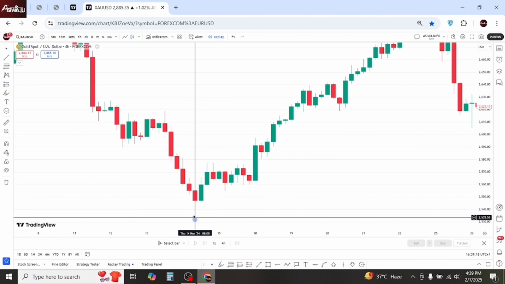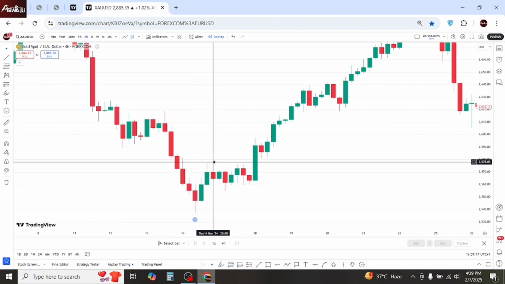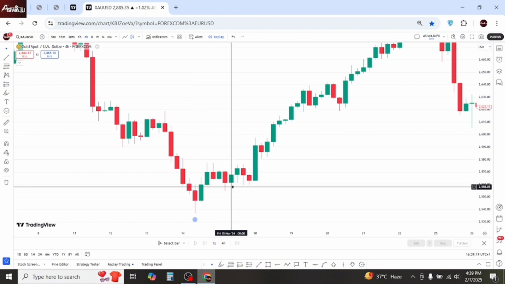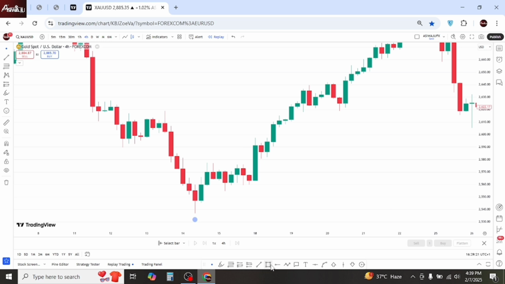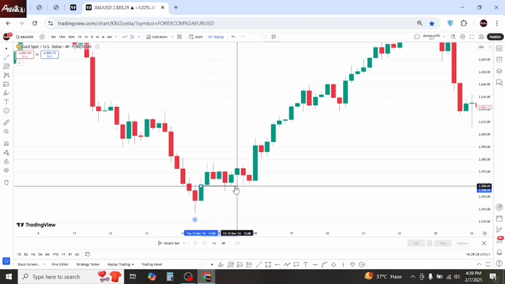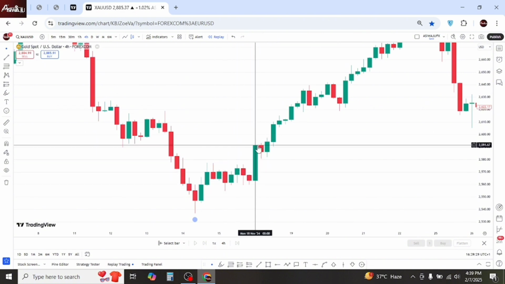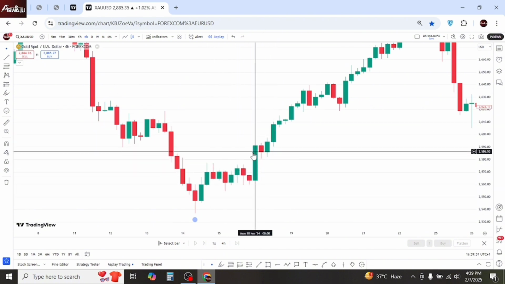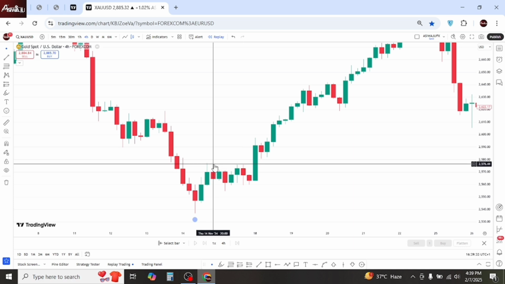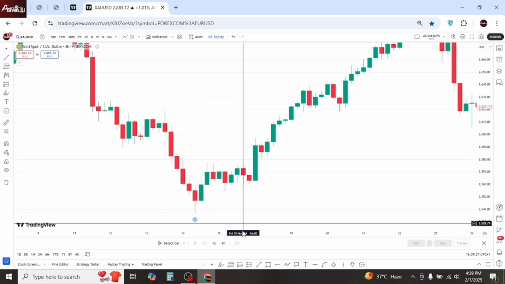Price continued to the upside, pulled back at this point, took out this candle low, then this makes this a valid pullback, and price continued to the upside in a continuation. So here we have a valid pullback. But when you look at this red candle here, it is an inside bar to this green candle.